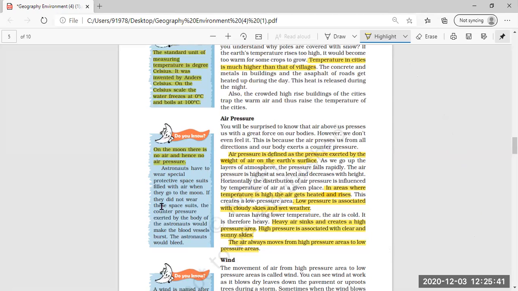Why do astronauts have to wear them? The suits are filled with air, because if they did not wear them, the counter pressure exerted by the body of the astronaut would make the blood vessels burst and the astronaut would bleed. This is the reason astronauts wear special protective suits filled with air.